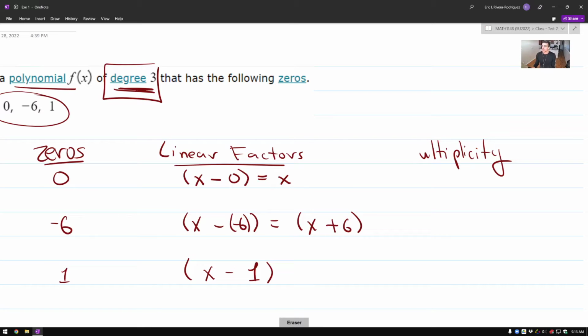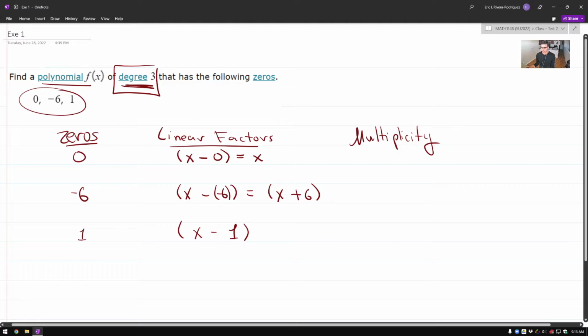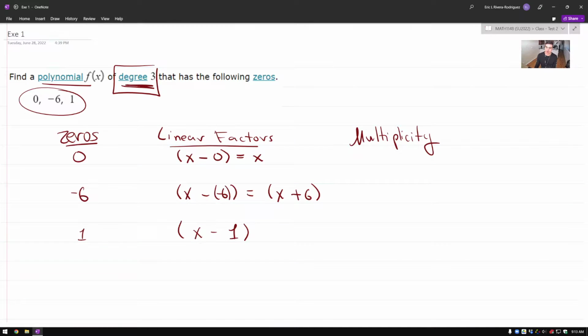The multiplicity of the zero is related to the power of the linear factors. So we need to give a power to each of these linear factors.